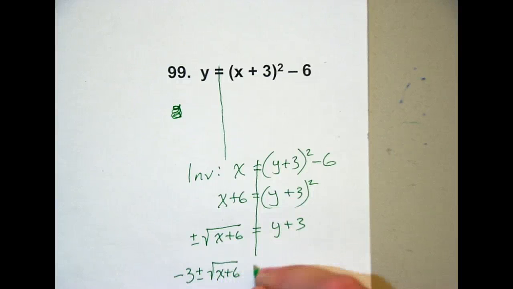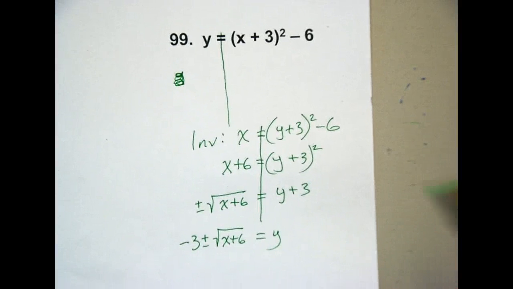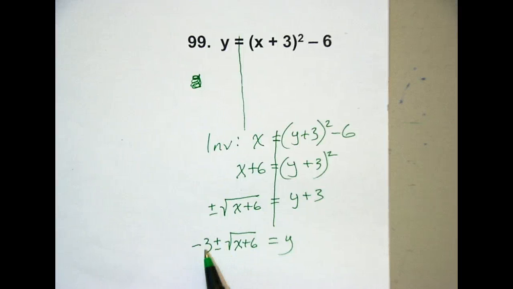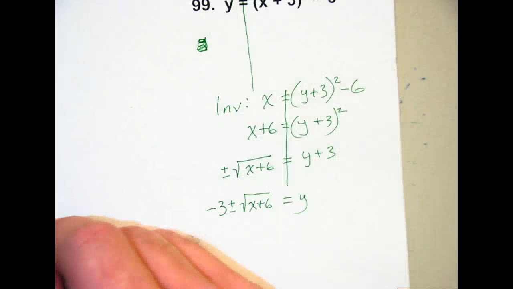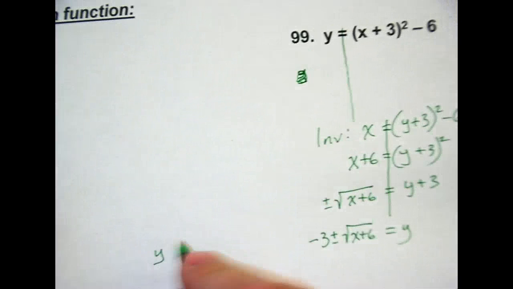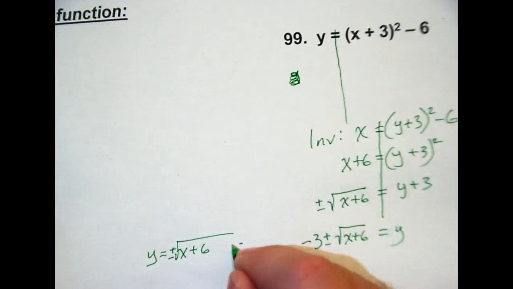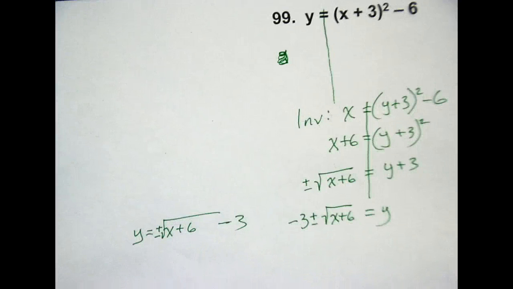Now I would put the negative 3 out here, just because, well, there's two reasons for it. You'll understand a little more when we get later in the chapter, but I would put the -3 out there. That's kind of the form we use. And the other reason is if you have it looking like this, it's hard to tell where your radical is supposed to end.